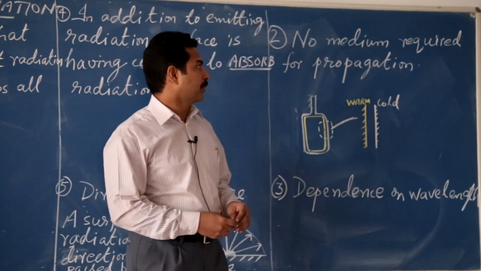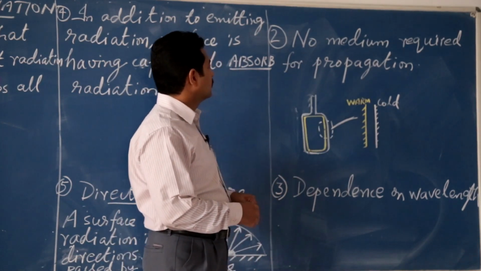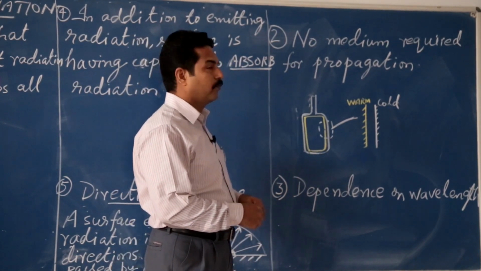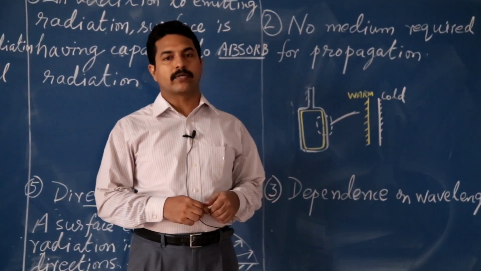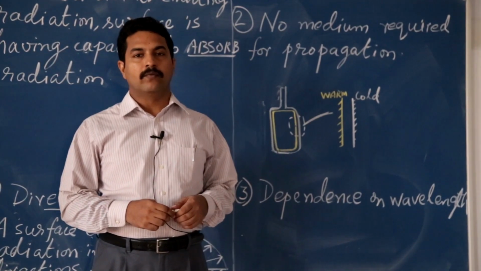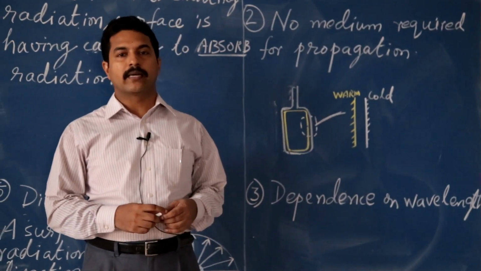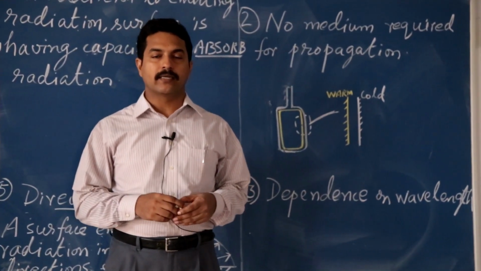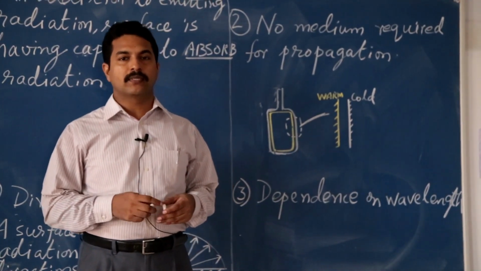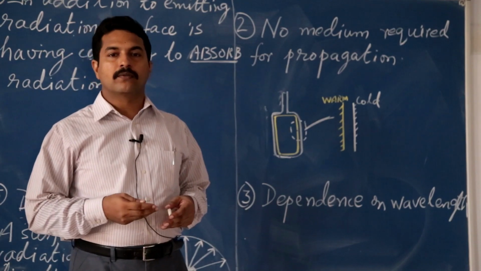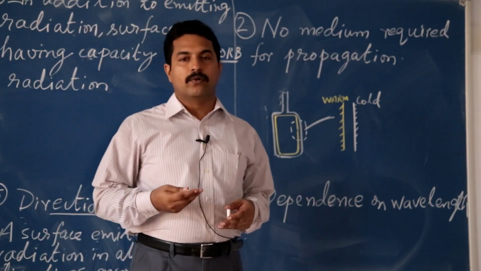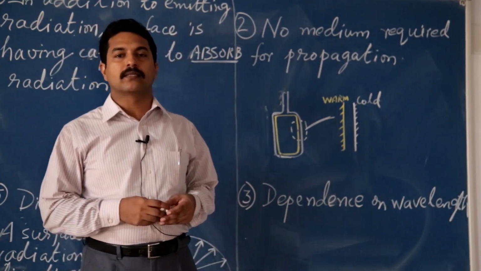Another important aspect of radiation is that it requires no medium for propagation. Unlike conduction and convection, radiation heat transfer can take place without a medium, and the best radiation heat transfer happens in vacuum, because in the atmosphere a lot of attenuation and scattering happens.